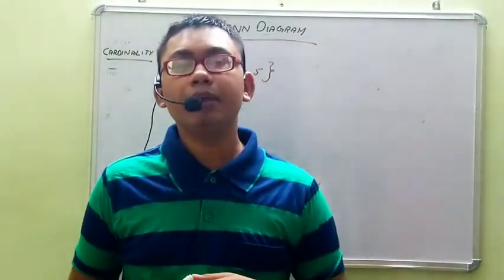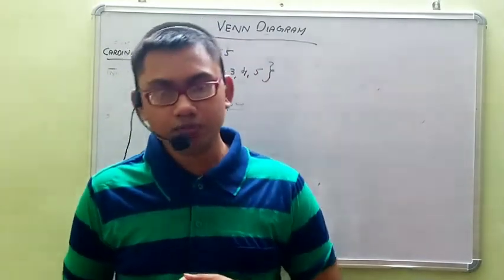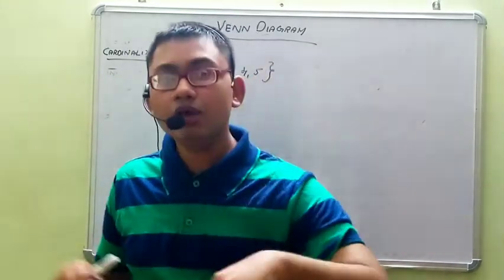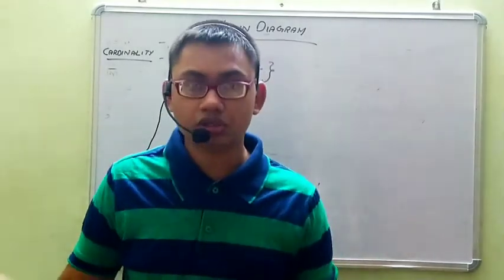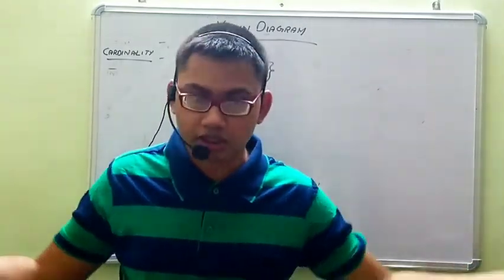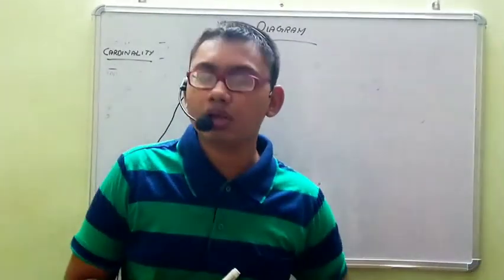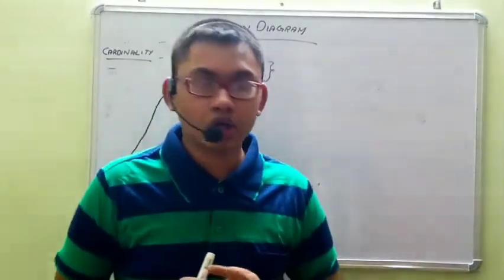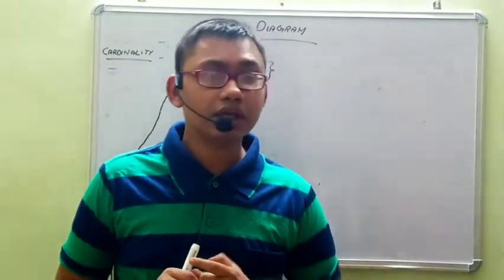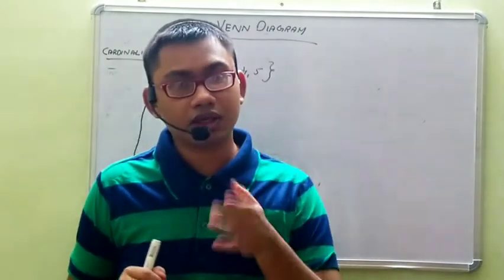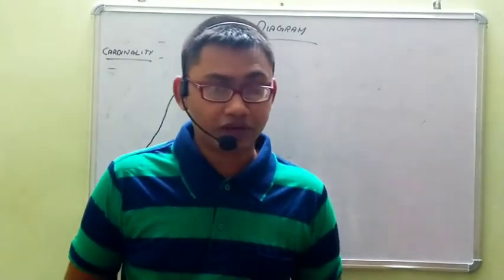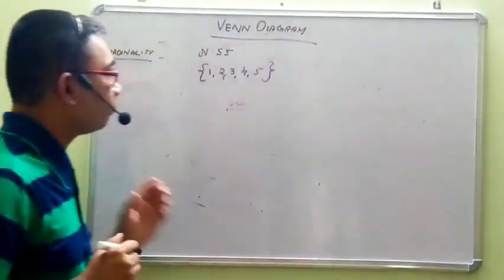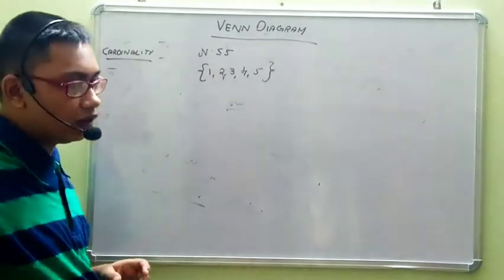If we cannot find the number of elements, it is too large, then it is infinite. It goes on. Let's say the set of all odd numbers: 1, 3, 5, 7, 9, 11, 13. It will go on. So the set is infinite, in fact. So this is about finite and infinite sets.